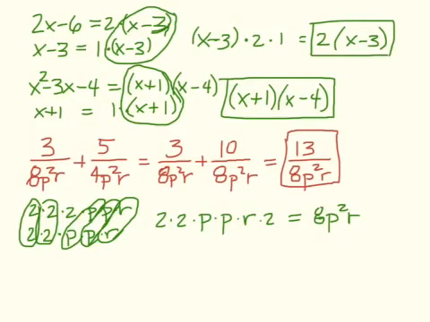So I multiply the 2 times the 5 to get this 10. Or, if you will, 2 times 4p squared r is 8p squared r. So if I multiply the bottom by 2, I've got to multiply the top by 2. 5 times 2 is 10. Now all I have to do is add the numerators. 3 plus 10 is 13, and keep my denominator 8p squared r. So 3 over 8p squared r plus 5 over 4p squared r is 13 over 8p squared r.